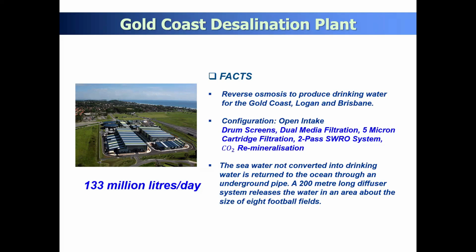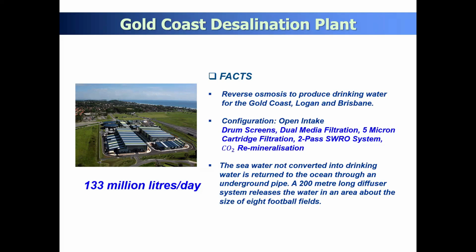They have this kind of water process. And seawater not converted to drinking water is returned to the ocean through an underground pipeline. A 200-meter long diffuser system releases the water in an area about the size of a football field.